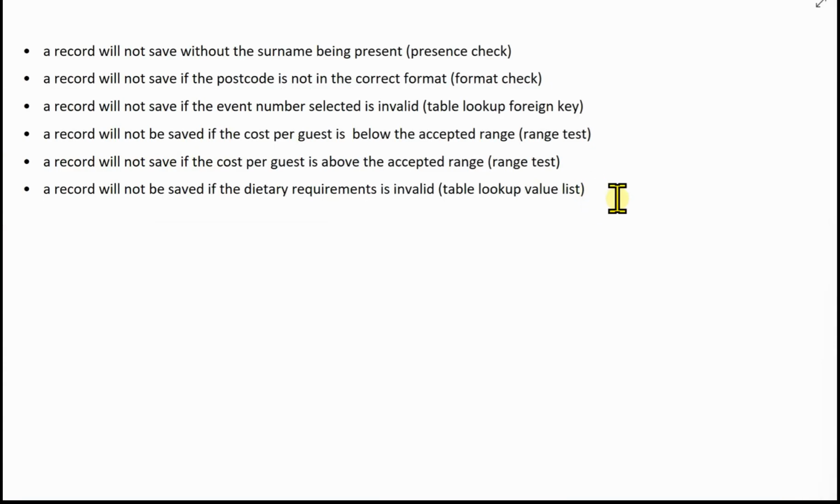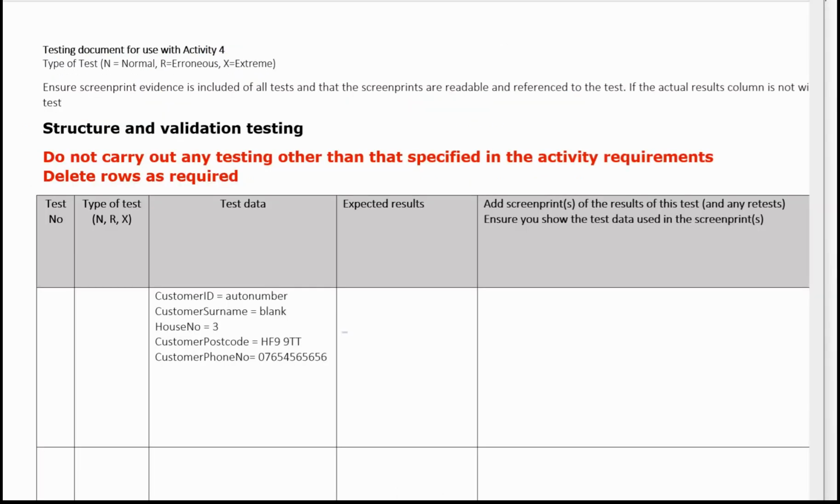So let's start making the entries in the test log then. So the first test we need to do is to demonstrate that a record will not save without the surname being present. In the test data column, I've written down for every field in the record that we're testing what the data is going to be. So for example, we're testing this customer's surname is going to be blank. I've said that's going to be blank.